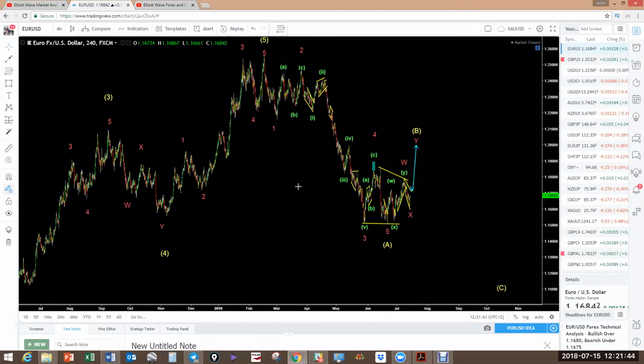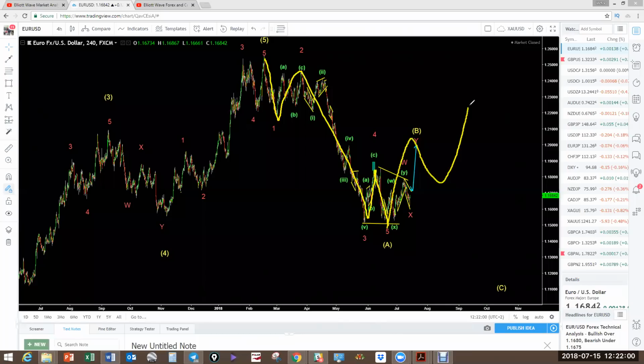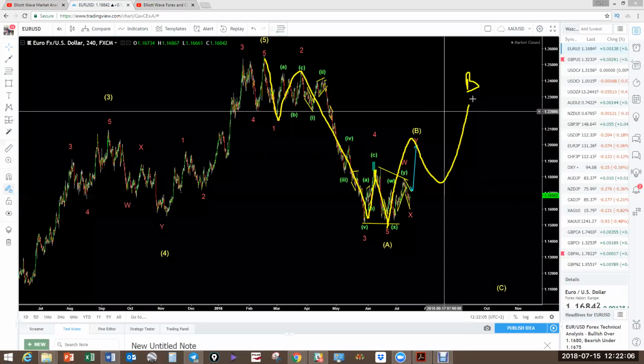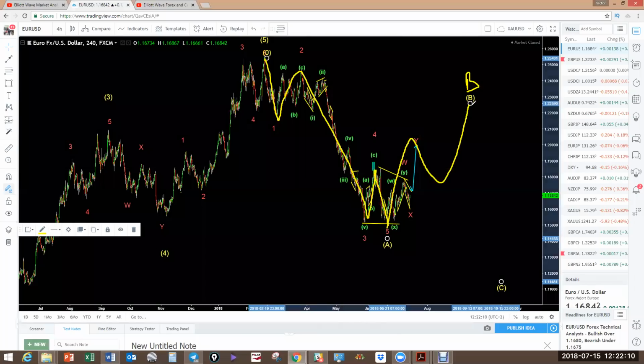We are looking at this as a 1, 2, 3, 4, and I'm looking at this as a possible truncation. Two things that could happen here. If this has truncated, then we are looking for this to go and give us a BC move there, because we are looking at this as an A, and this whole thing will be a B move here. So that is why we are looking for upside on this one.